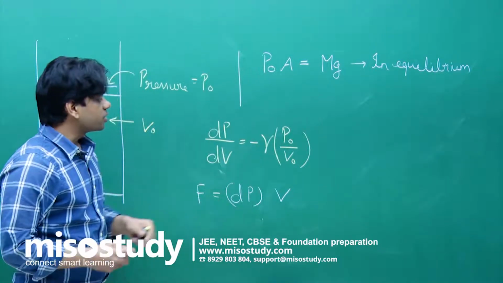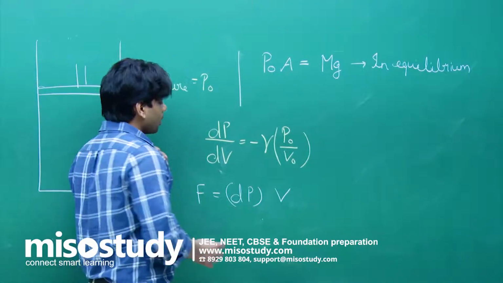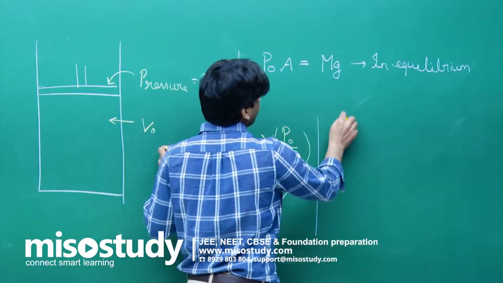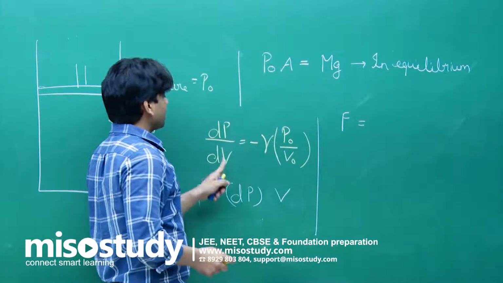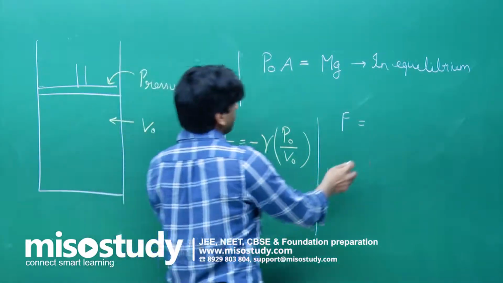Now, how to find out this dP? First of all, dP will come out to be minus gamma P naught by V naught into dV.